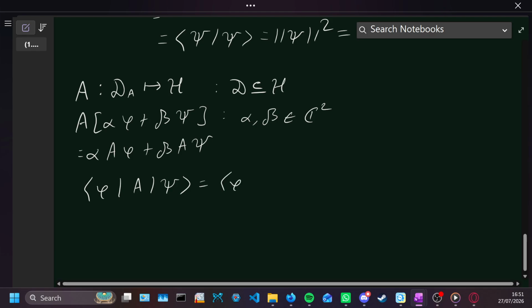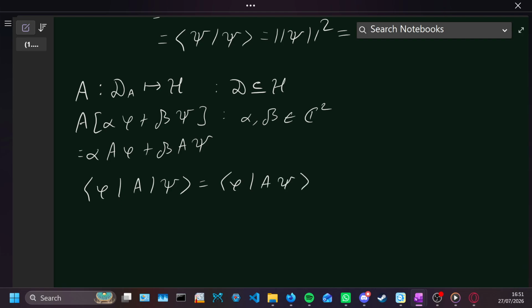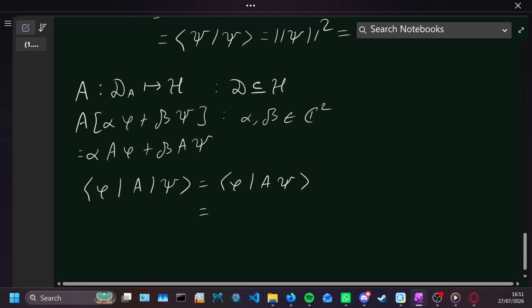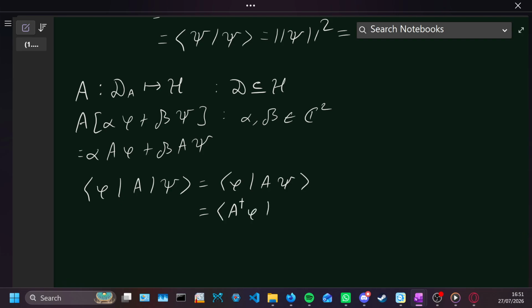So I'm going to write the result of the first operation as just A psi inside one ket vector, and this is like this. However, this is also equivalent to applying an overall operation to psi, which converts psi to a complex number straight away, and so that is going to take the form of a bra vector, and I'm going to call that A cross phi, which I'm going to apply to psi.